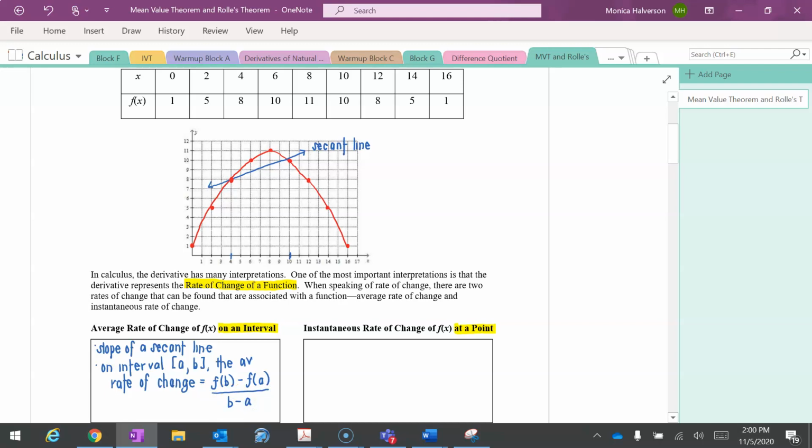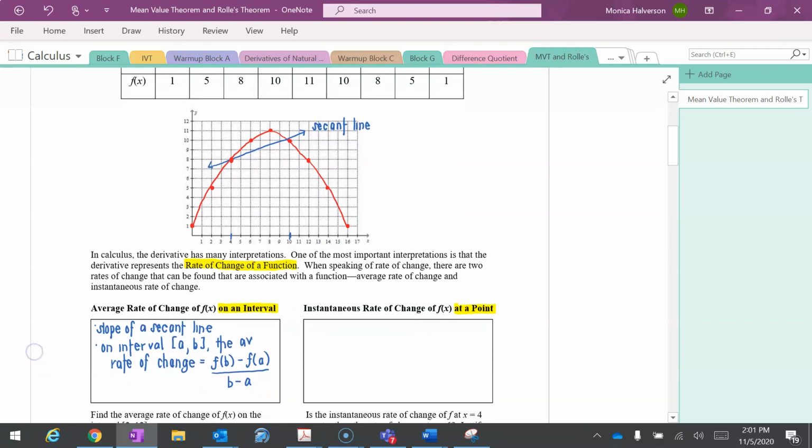And this should be reminding you of how we've been able to identify the derivative at a certain point from data tables. We've been finding the average rate of change. And often it is abbreviated as AROC. So if you hear someone talk about AROC, you're talking about the average rate of change.